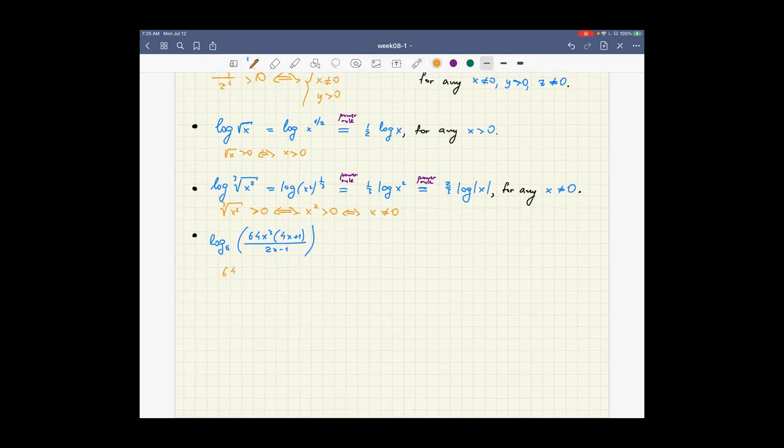So we want 64x cubed times x plus 1 over 2x minus 1 to be greater than 0. And that is a rational inequality. We need to find roots of the numerator and roots of the denominator. They are 0, -1, and 1/2. And these we draw on the real axis.